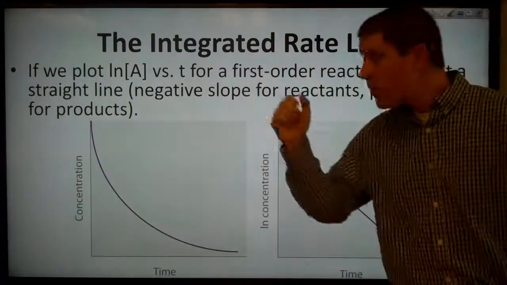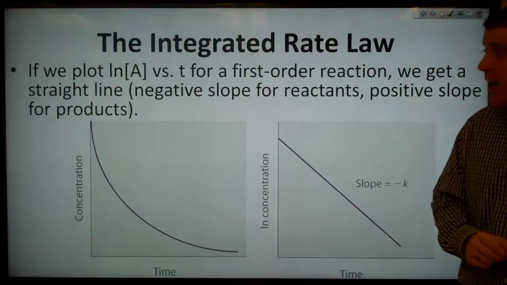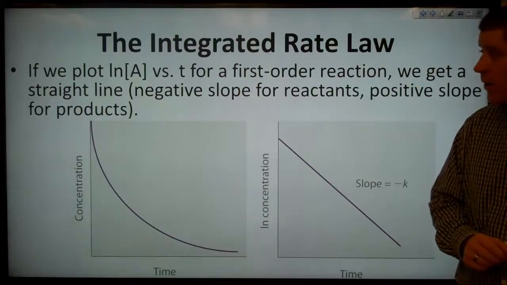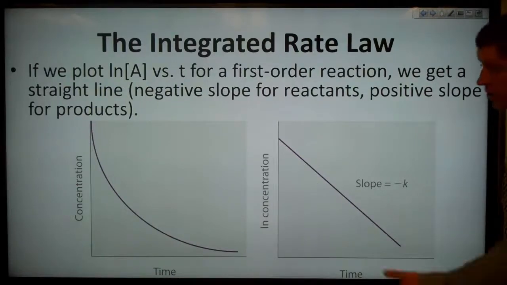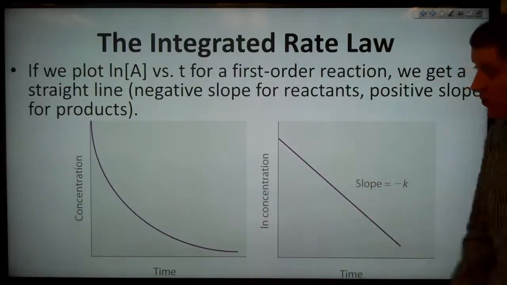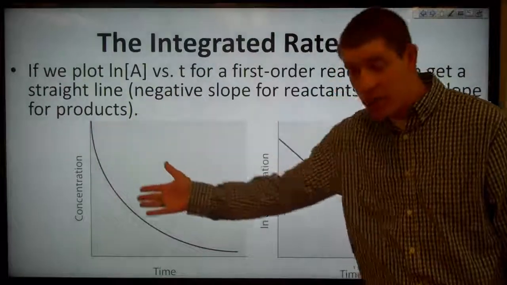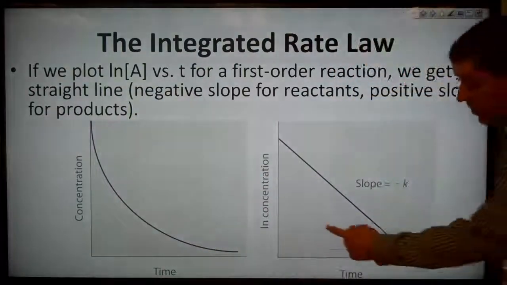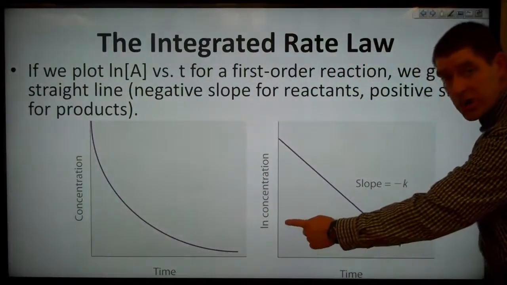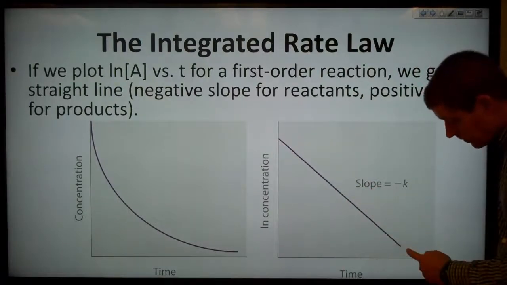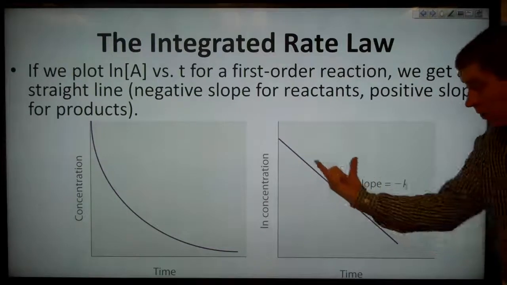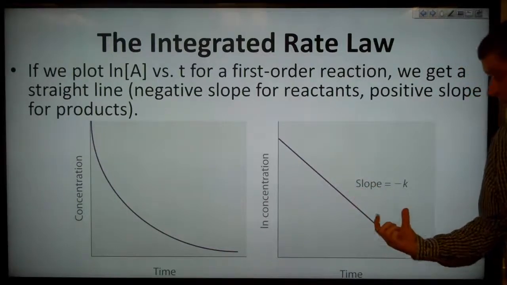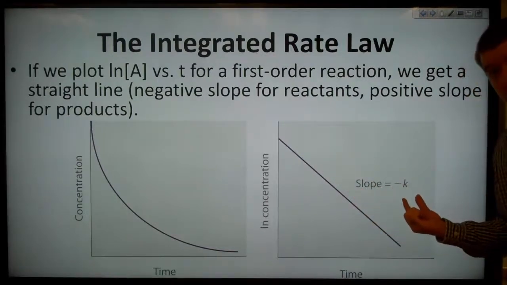If we plot the natural log of [A] versus time for a first order reaction, we get a straight line, something like this. Note that if we just plot the concentration versus time, we get a curve. But if we plot the natural log of concentration versus time, we get a straight line. In this case, the slope of this line is equal to negative k.